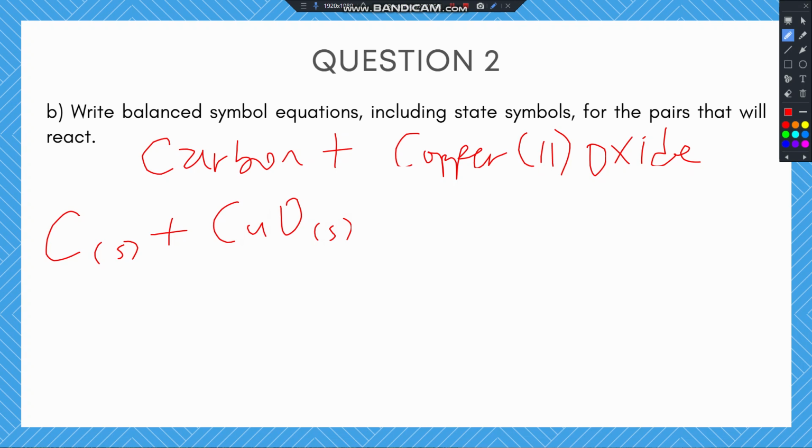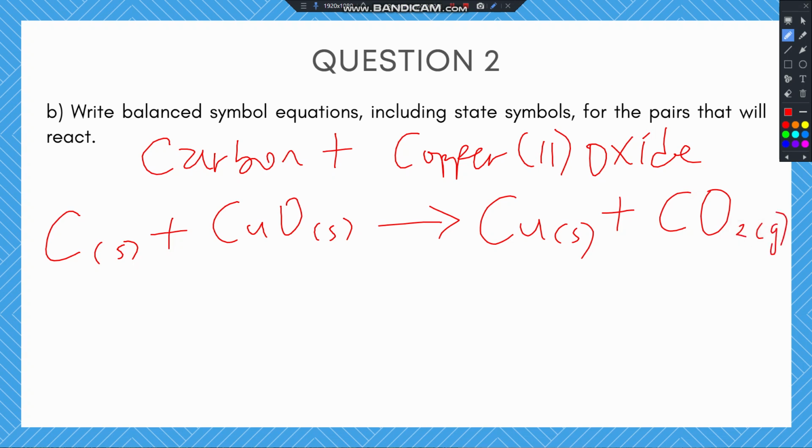We know that carbon is stronger, so carbon comes over here to knock off copper. So that means copper will have to leave. Therefore, the result of the equation means copper will stand alone as a solid, plus carbon oxide. This is going to be in the gaseous state of matter. Carbon dioxide, CO2. So let's balance this chemical equation.